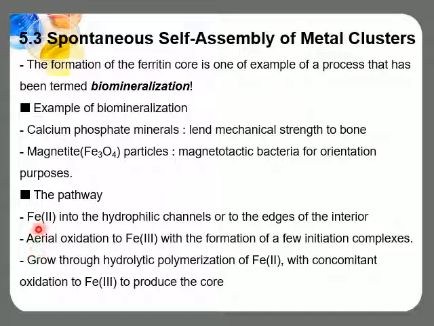And the iron 2 plus is oxidized to iron 3 plus by aerial oxidation, and there come some initial complexes, small coordination compounds of iron and oxygen, and they grow through hydrolytic polymerization of iron 2 plus with concomitant oxidation to iron 3 plus to produce the core.